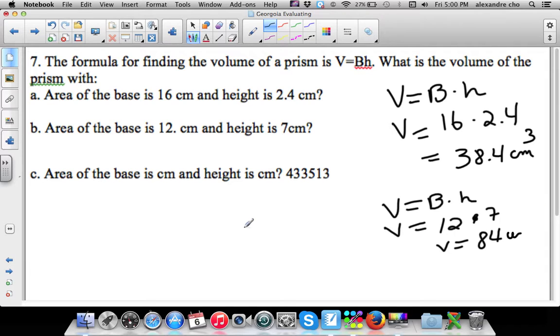And the last one, the area of the base is centimeter and the height is centimeters. Okay, something's wrong with letter C. So I'm not too sure. I'm going to cross out letter C and kind of ignore it. That didn't make any sense.